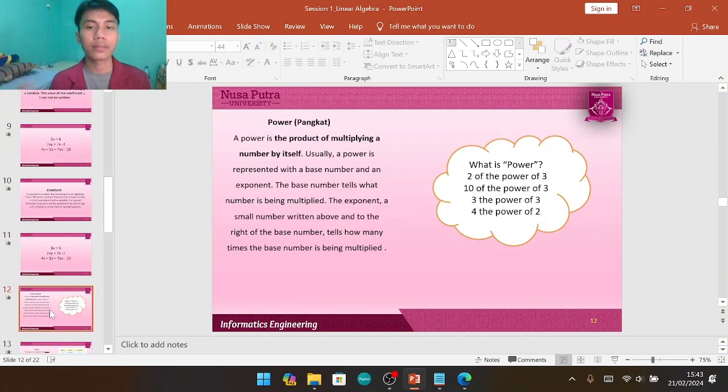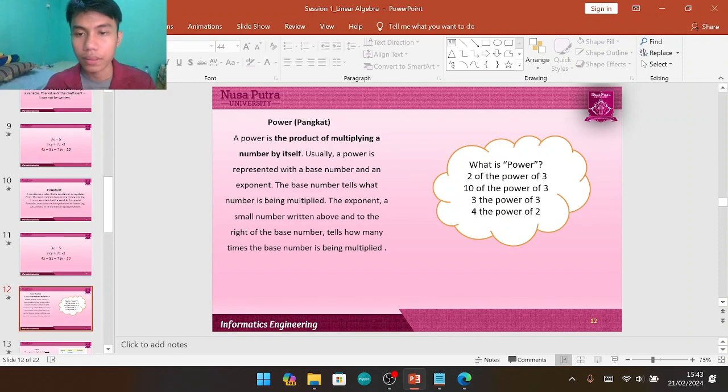Okay, next. There is power, or in Indonesian, pangkat. A power is the product of multiplying a number by itself. Usually, a power is represented with a base number and an exponent. The base number tells what number is being multiplied. The exponent, a small number written above and to the right of the base number, tells how many times the base number is being multiplied. What is power?